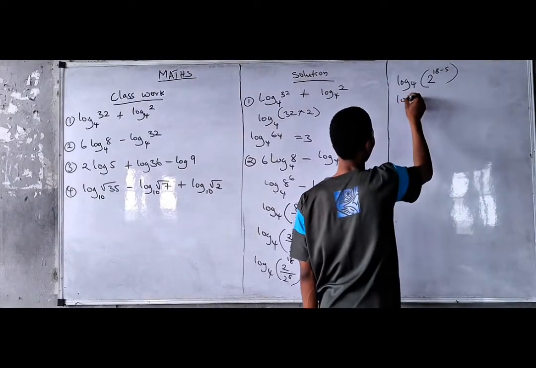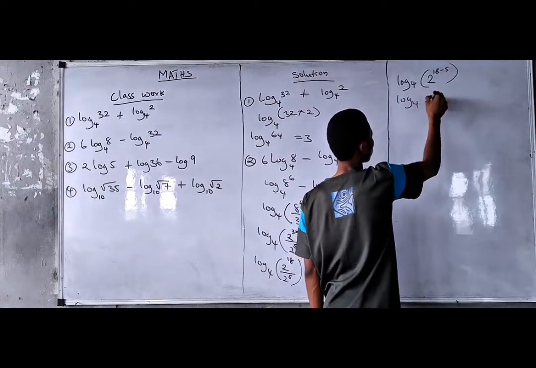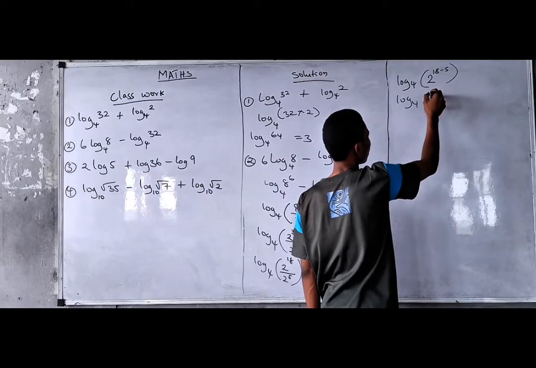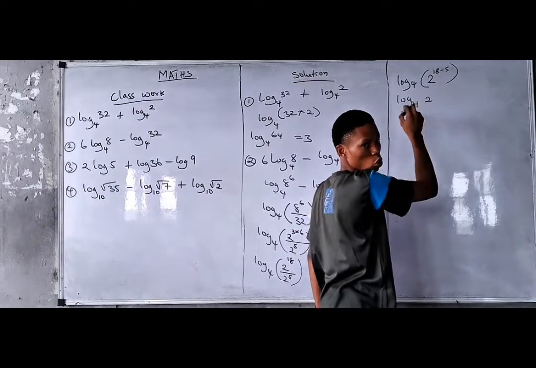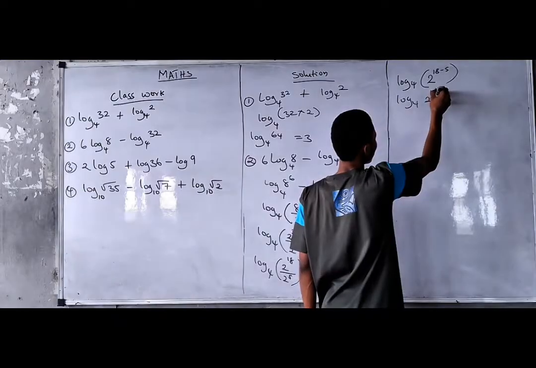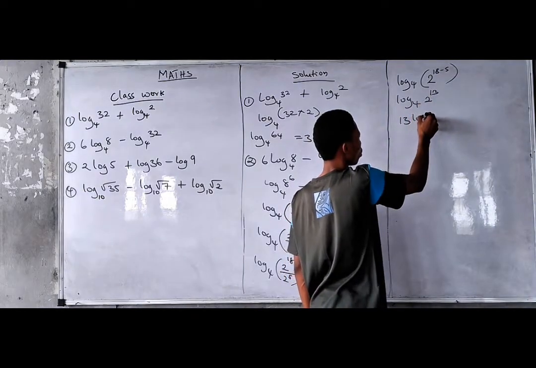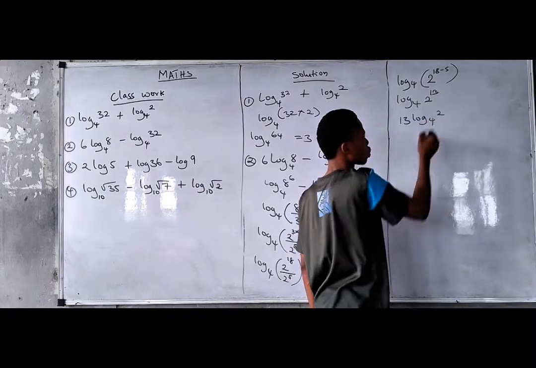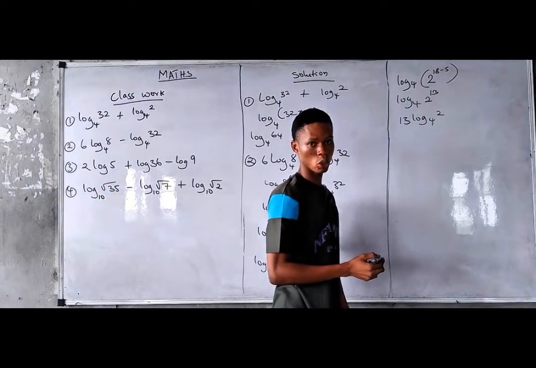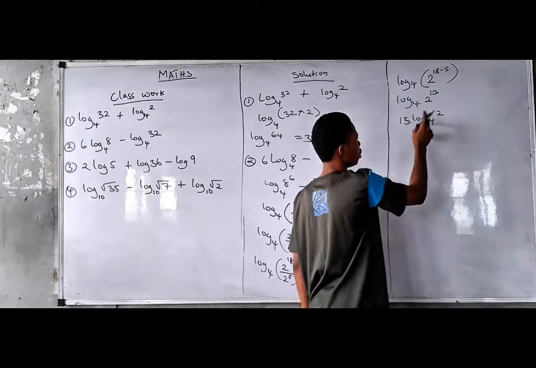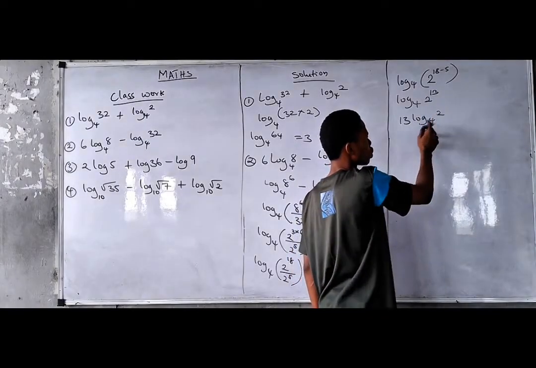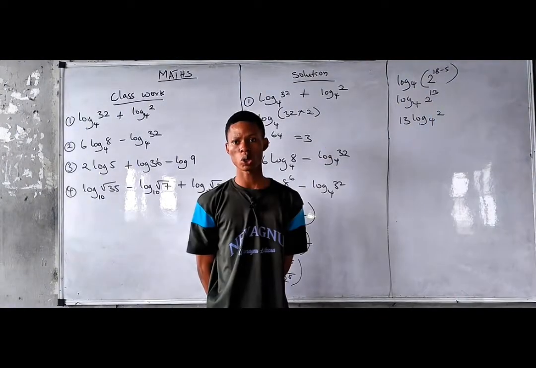So I'll be having log 2 raised to power what? 13, right? I know this is the same thing as saying 13 log 2 in base 4, right? Is it not? Log 2 in base 4 is what?